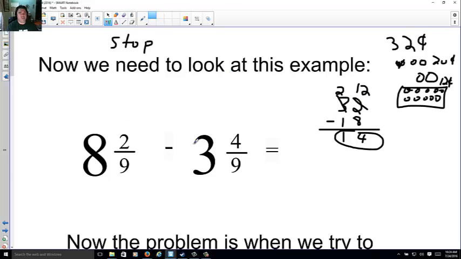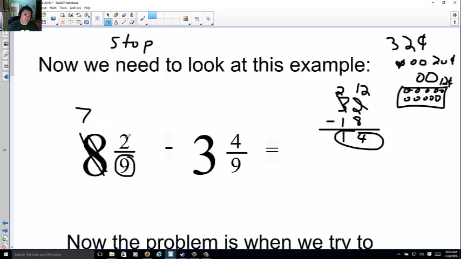Well, the same logic applies here. I can't take 2 minus 4, but the thing to understand is you have a 9 on the bottom. So when I take away this 8 and turn it into 7, think of my token example again: if I can get 9 tokens for $1, I go ahead and turn in $1 to get 9 new tokens.